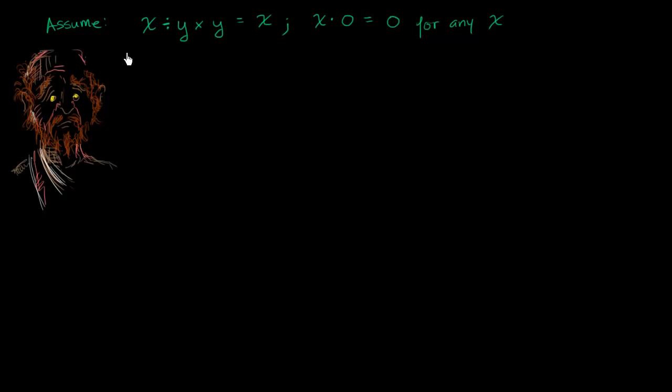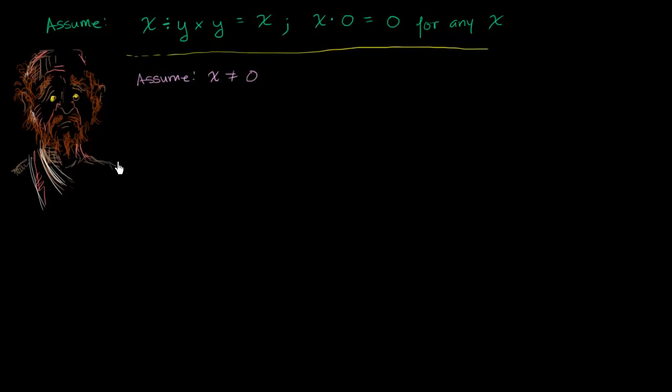Now, with that out of the way, you want to start exploring the divide by 0 question. The first thing you say is, well, let me just try to define it. Let's make a further assumption that x is some non-zero number.